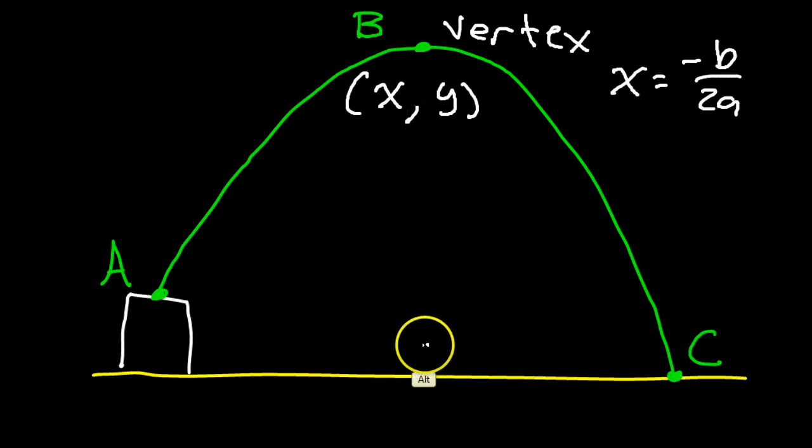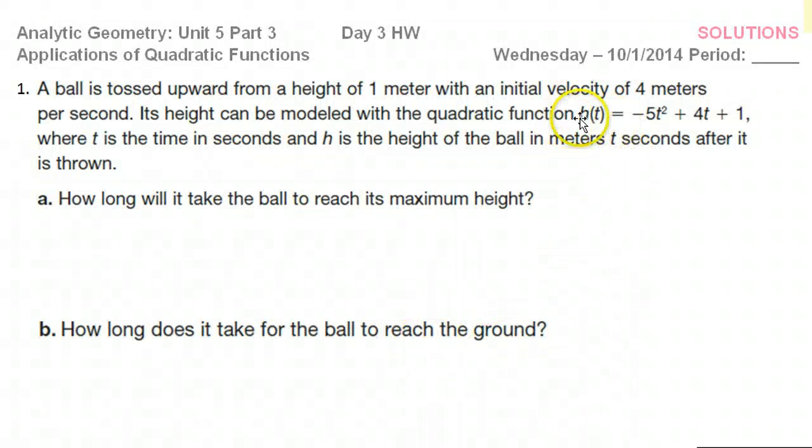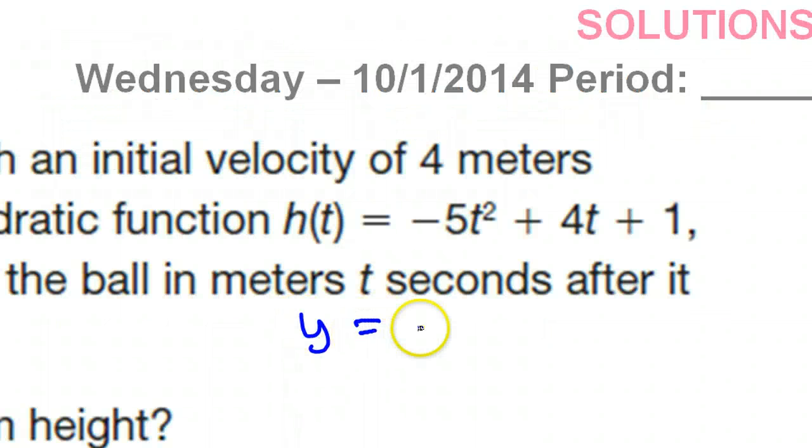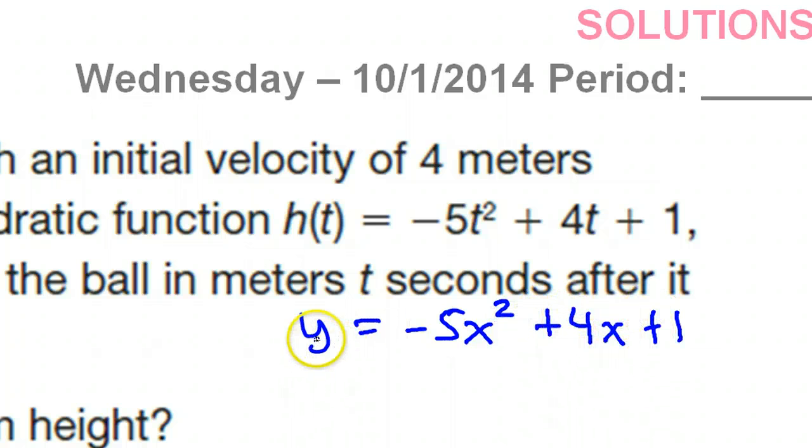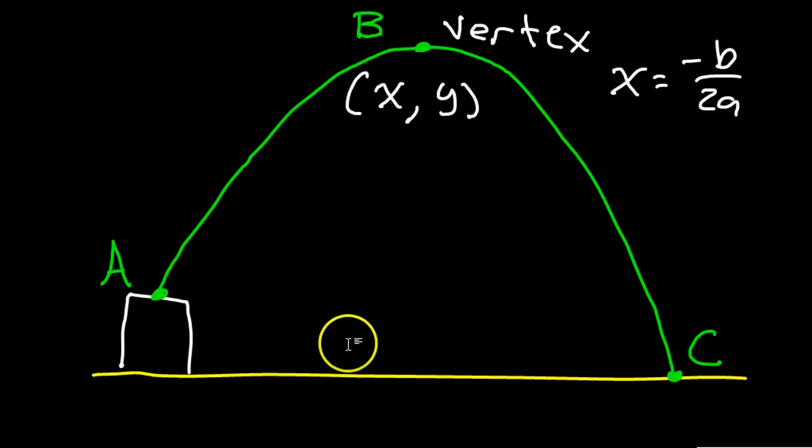Okay? But look, one more thing to pay attention to. We don't have x's and y's in this formula. Instead, we would have y equals negative 5x squared plus 4x plus 1. Instead of a y, we have h, and instead of x's, we have t's. So the t's are like the x's, and this h is like the y. Now that's important because when we find the vertex, it won't be x and y that we'll find.